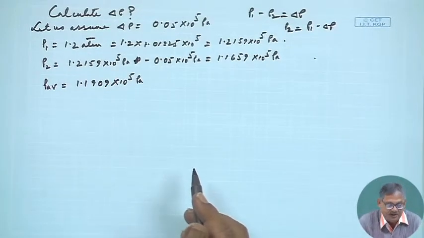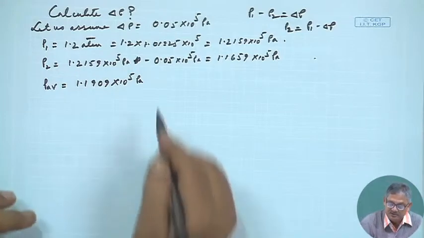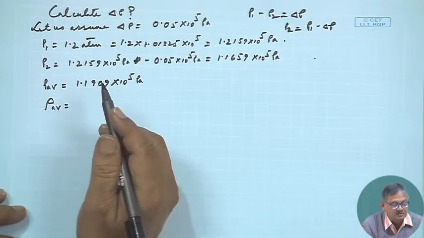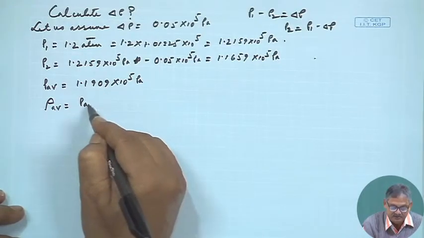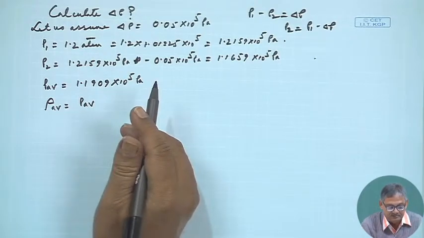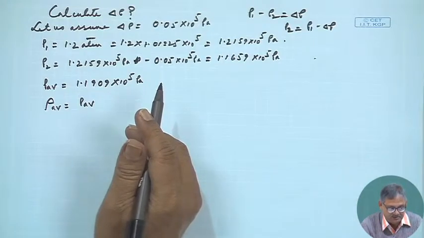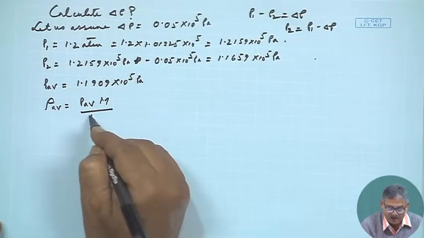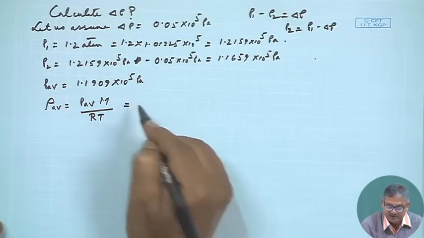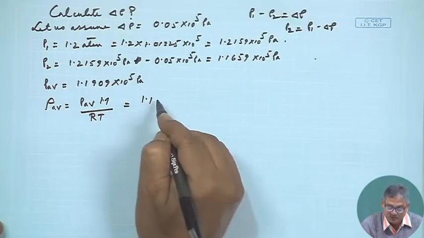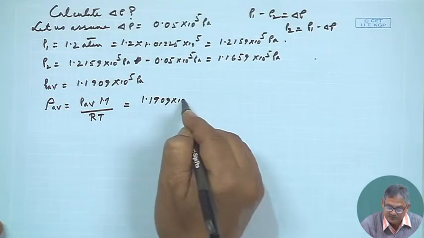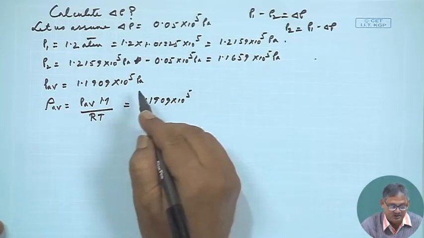So if we get P average, then we can also say the rho average is equals to P average into M by R T, which is equals to 1.1909 into 10 to the power 5 Pascal.